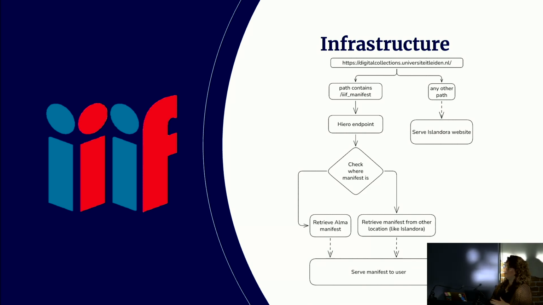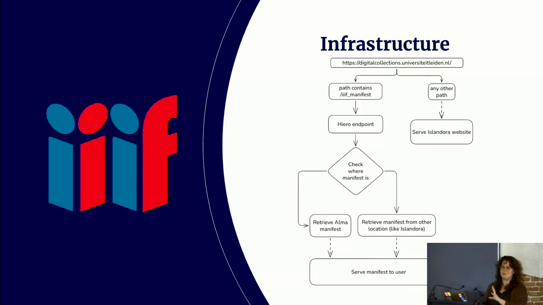Then Hero checks where the latest manifest is, and if it's in the new situation, which hopefully will all be in Alma Digital, but otherwise it will retrieve it from the other location, and then it will just serve you the newest one, no matter if you used the old URL. Again, I'm not a technical person, so I hope this makes sense.